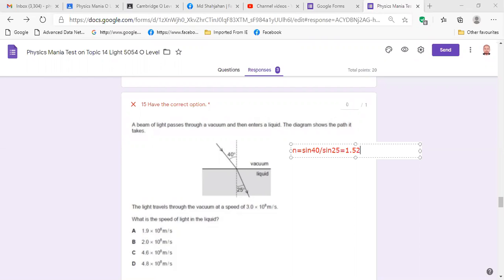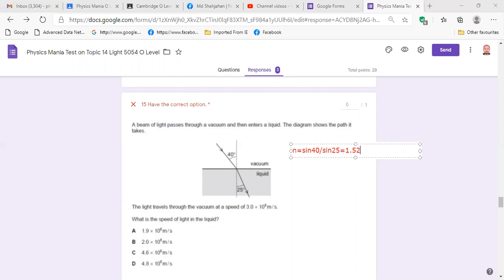So you take the ratio 3 by 1.9, 3 by 2, what is closer to this value? The power will automatically cut, right? So what is the answer then?